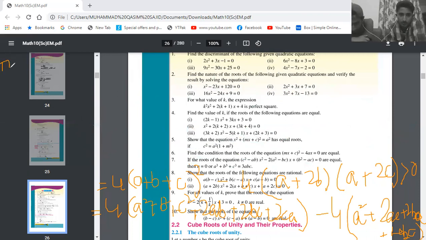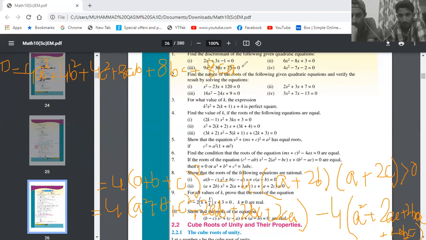So the discriminant equals 4a square plus 4b square plus 4c square plus 8ab plus 8bc plus 8ca, and then the negative part: negative 4a square, negative 8ac, negative 8ab, and negative 16bc, is greater than 0.